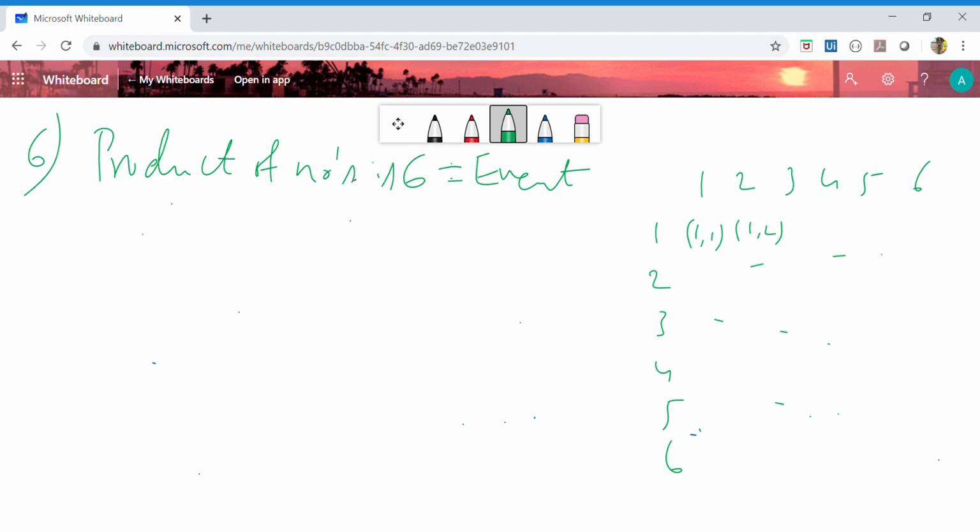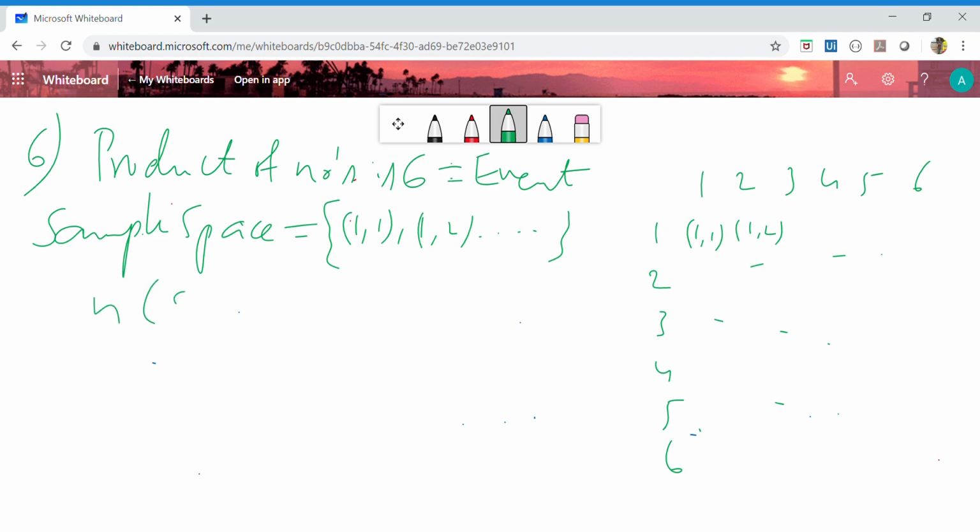This is the whole sample space: 1,1, 1,2, 1,3, and so on. So how many outcomes will you get? n of sample space is 6 square, which is 36, where 6 is the outcomes of a die and 2 dice are there. So 6 square is 36, the total outcomes.